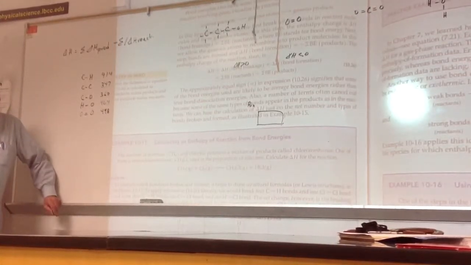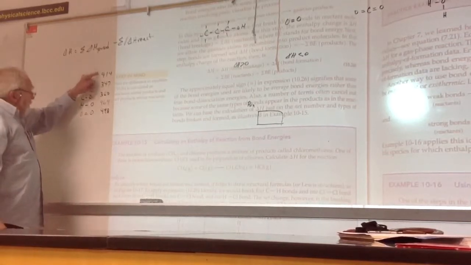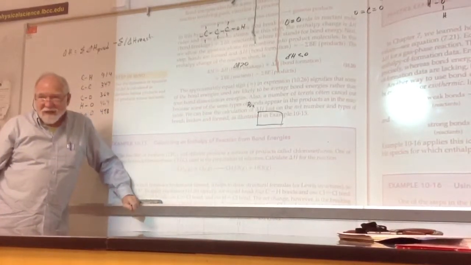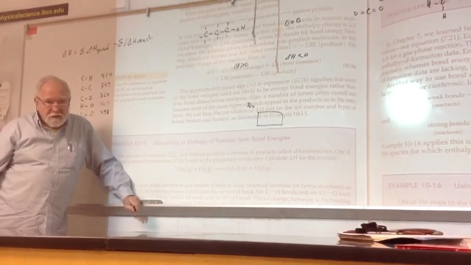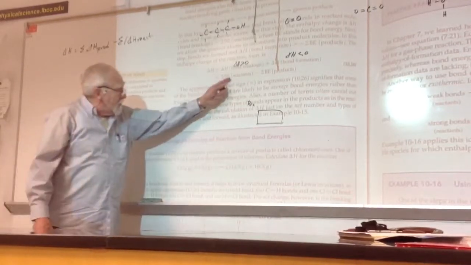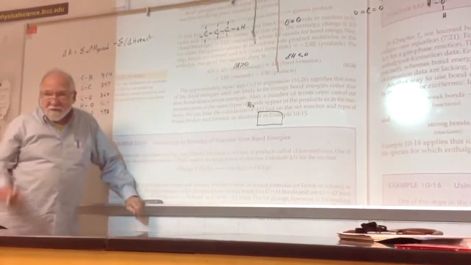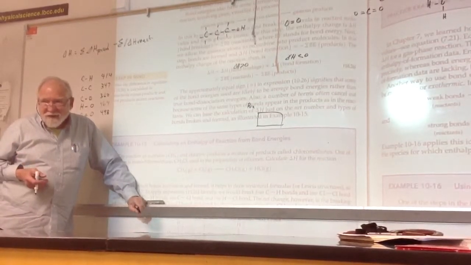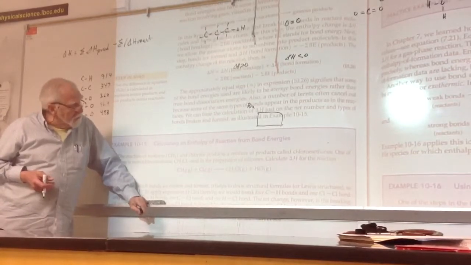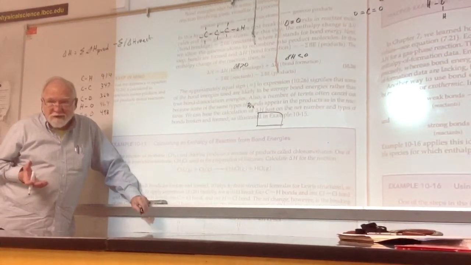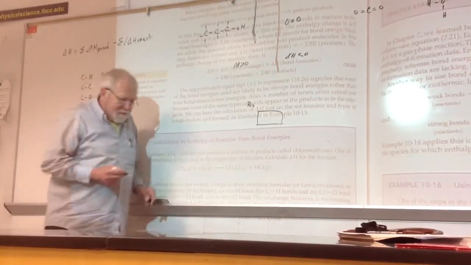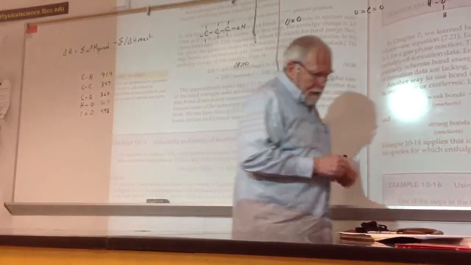It means it's a state property, so it's always the final state minus the initial. So if you wanted to do it like this, you make all of these negative. If you just use the bond energies as they appear in the table, then you'd use this formula and leave them as positive numbers. The important thing is you get the same sign for the answer either way. And I like the business where you just think about breaking bonds and forming bonds, because that makes sense. That's the most logical way, at least as far as I'm concerned, of doing it.